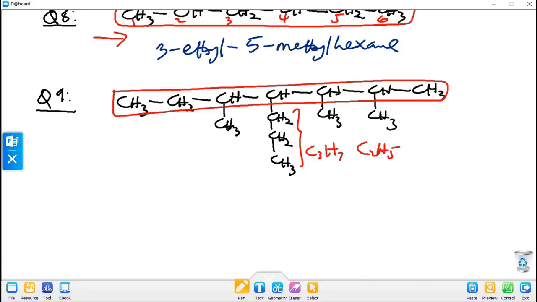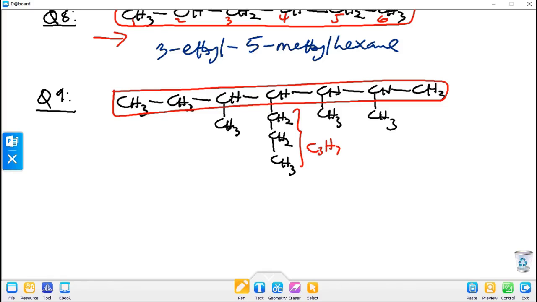Now we are seeing C3H7. This ought to be C3H8, but because there is the loss of one hydrogen atom, it is going to be propyl, not propane. This is just to make us understand that that is propyl. I think this is the first time we are meeting something like this. So if the straight chain is our parent chain, then it means we have 3 methyls and 1 propyl.